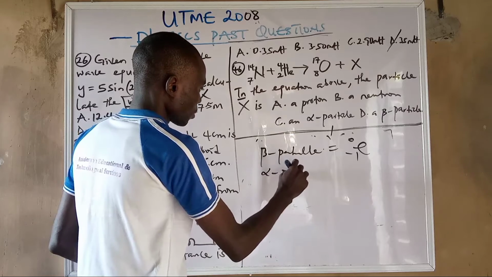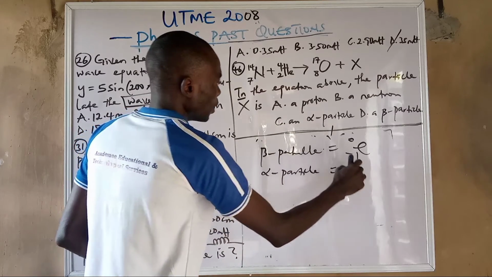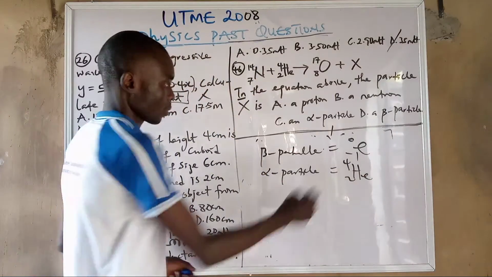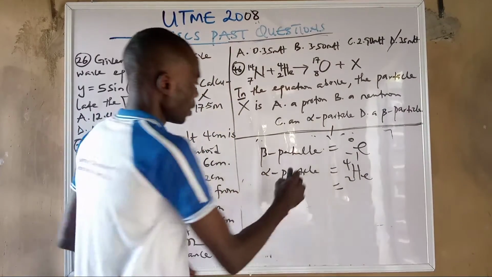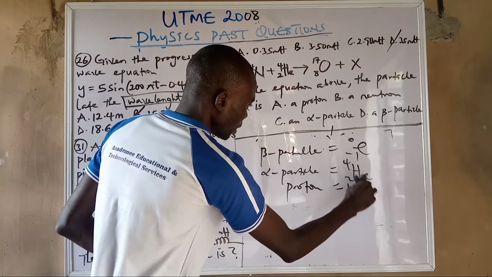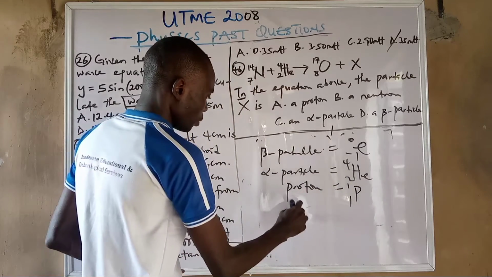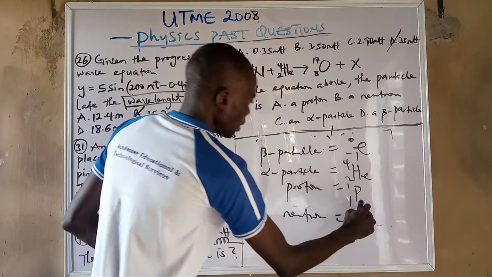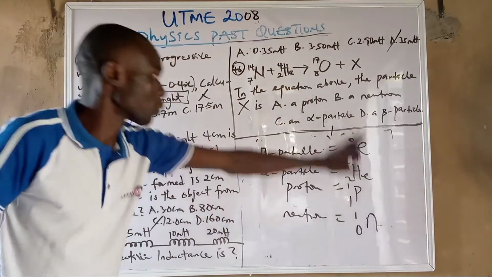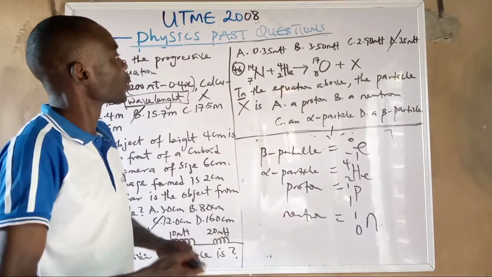An alpha particle is helium 4, 2. A proton is P, 1, 1, and a neutron is 1, 0. So which of them will result from this?